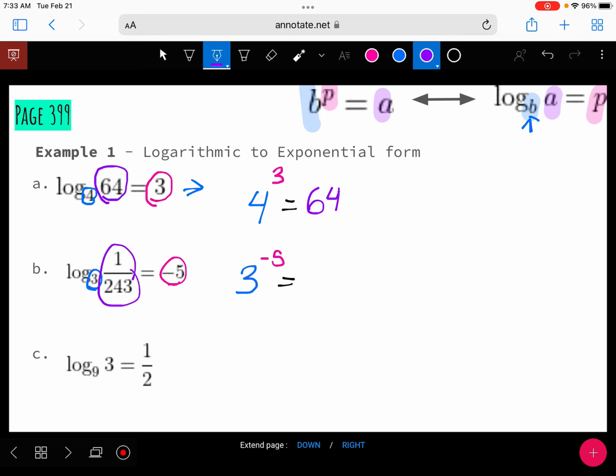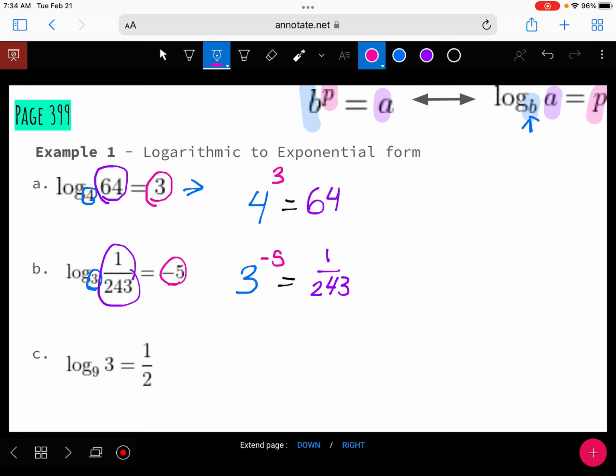Whatever the middle of the log is, my argument, 1 over 243. And if you test that part, 3 to the negative 5, put that in your calculator, that we can do. You should get 1 over 243. We're not just making up values here. They are the same values. They just look weird.